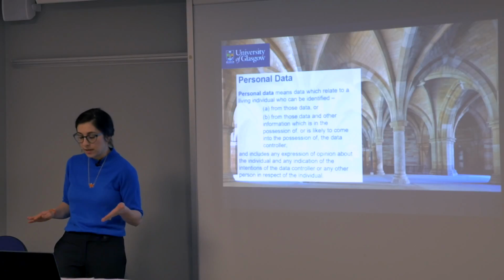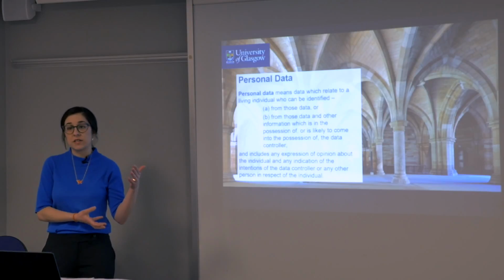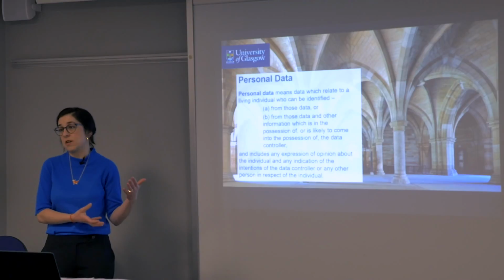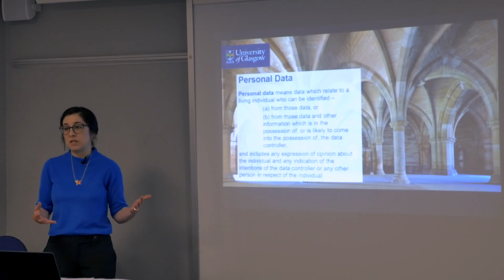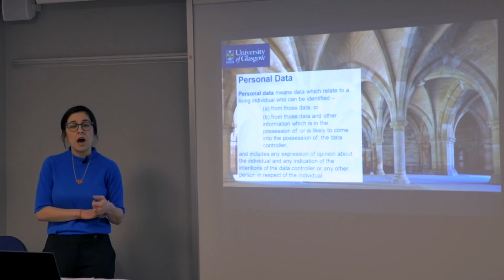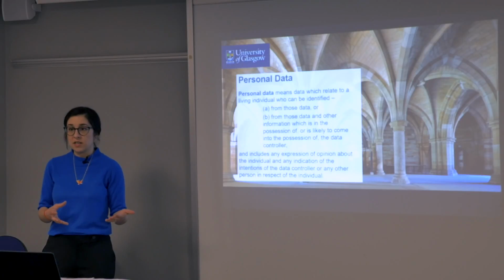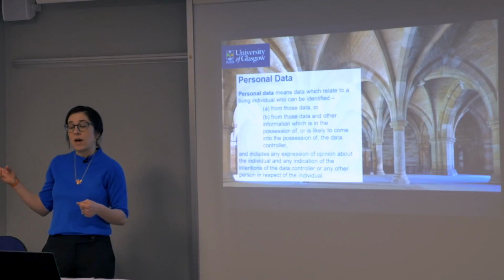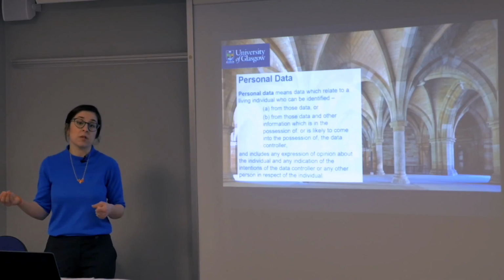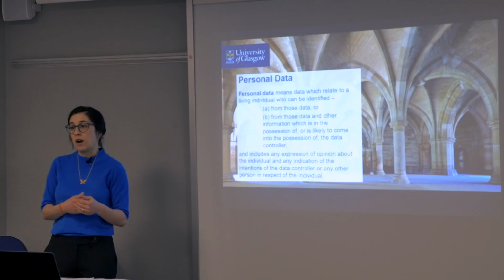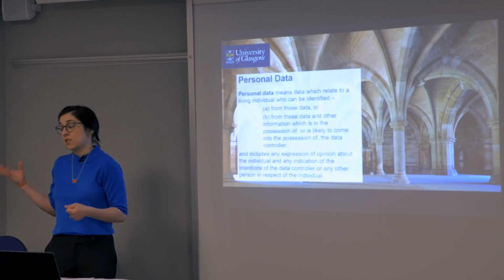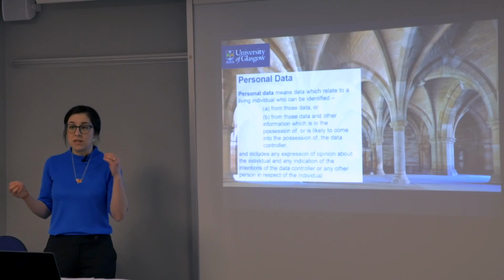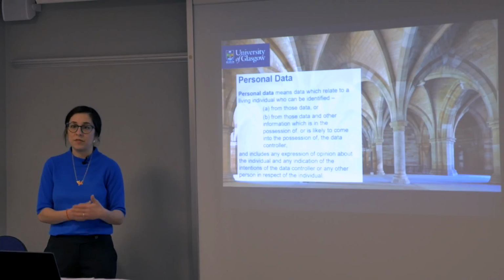Just a very basic example, if you had a list of national insurance numbers, just on your own, those mean nothing to you. You can't pick anybody out from that list of NI numbers. But somewhere in your organization, maybe there's a finance team who has names which are associated with those national insurance numbers, or at the very least, the HMRC has additional information that allows those national insurance numbers to help identify somebody.